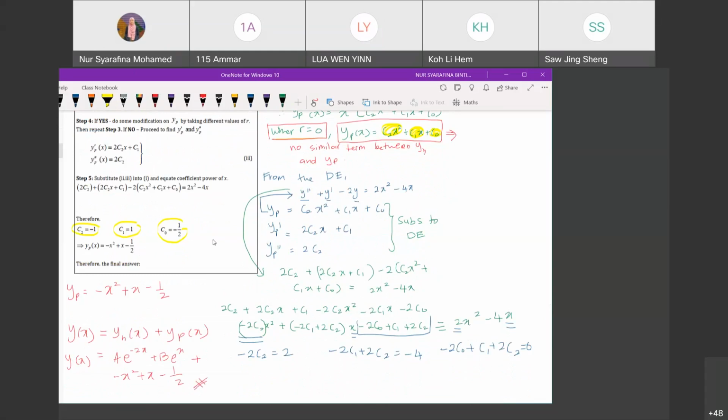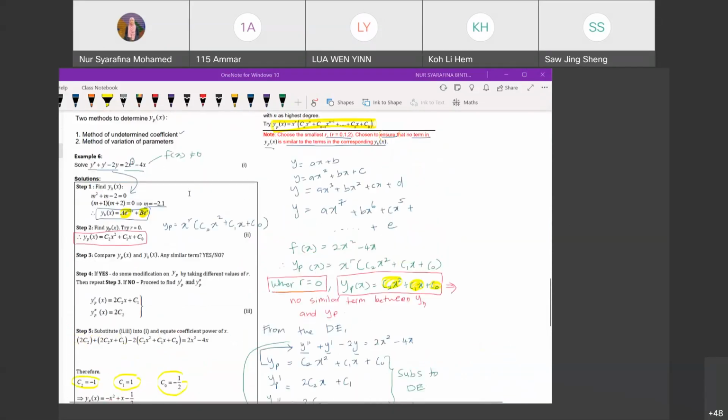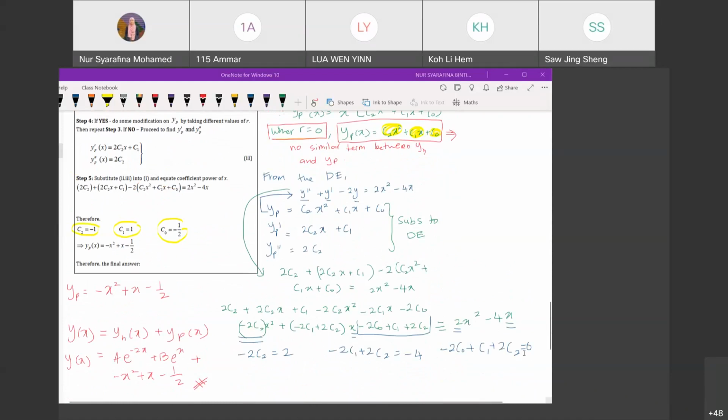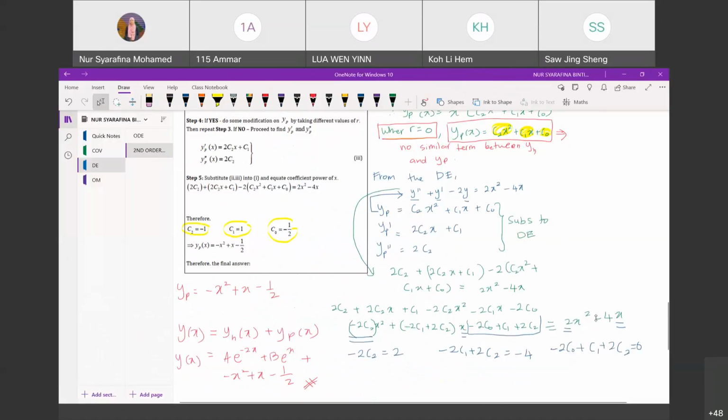So this is how you solve non-homogeneous differential equation. Is that clear? Yes, we compare it with fx. The fx given here is 2x squared minus 4x. Okay, any question? Try to understand the process first.